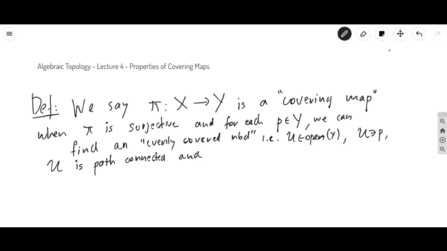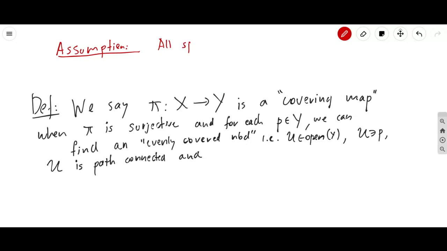And, well, maybe we could make this assumption. So this is an assumption. This is not actually required in the definition, and depending on what kind of book you're using, some people might assume these things, some people might not assume these things, but let's just make the assumption that all spaces are path connected and locally path connected.